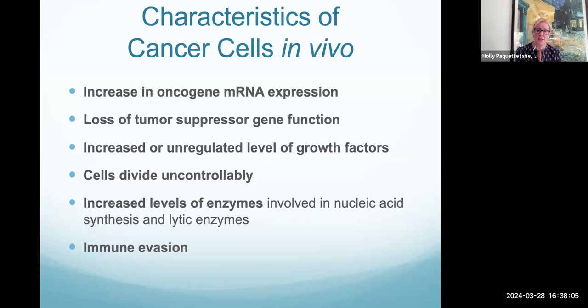With those two things happening, we would expect to see increased or unregulated levels of growth factors, meaning the cell is just going to be churning out growth factors, which means it will divide uncontrollably. We'll get that cell going through cell division over and over again, often causing a tumor. We would also see increased levels of enzymes, which increase that ability to divide uncontrollably.